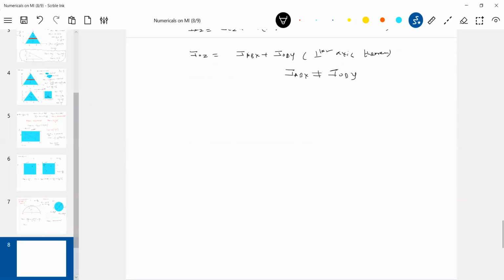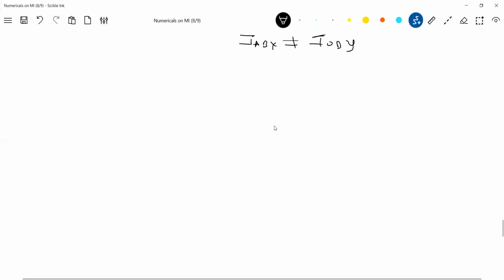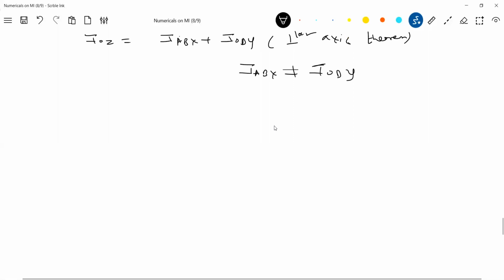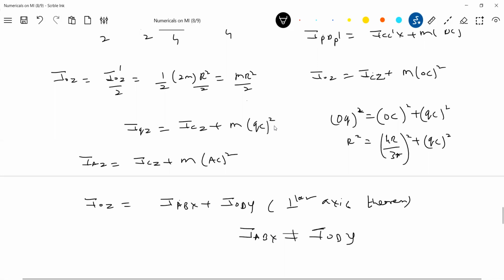Let's go for other objects. Sir, on solving, we'll get IODY to be equal to IABX. You're getting equal? Yes, sir. Check your calculation once, then okay, I'll just leave it. Just verify it once, because mathematically we have to check it.